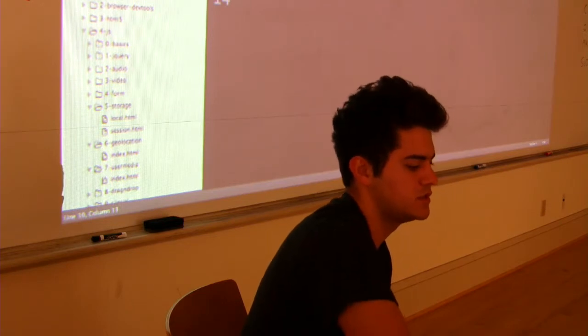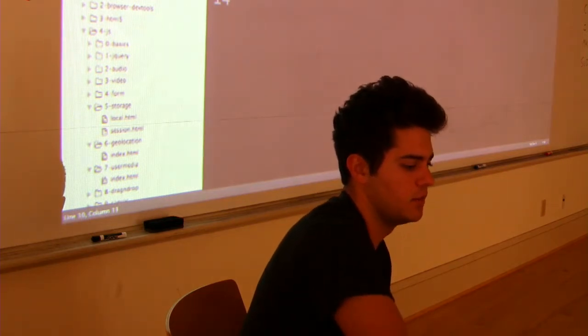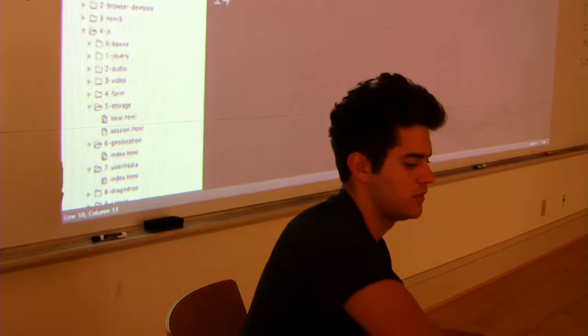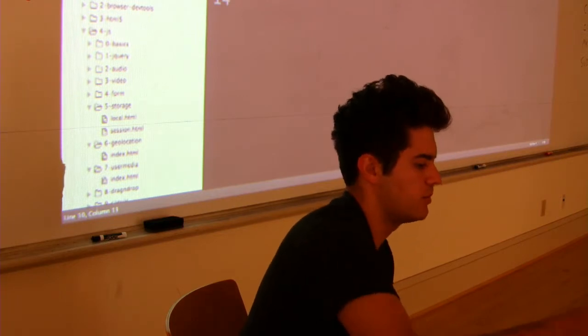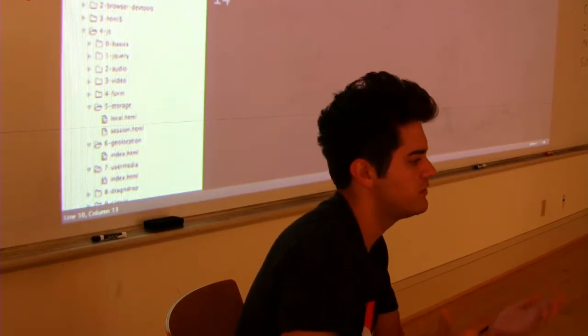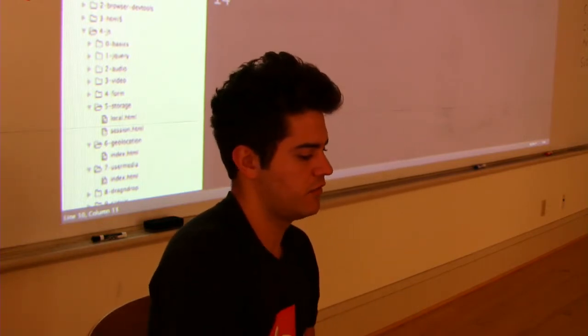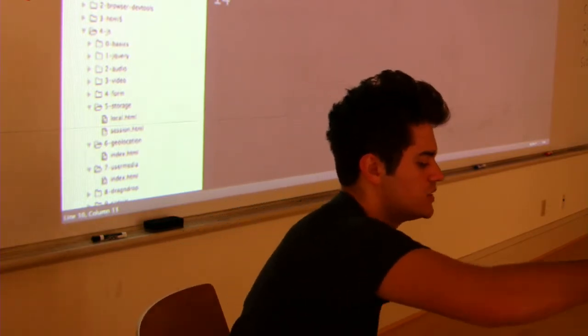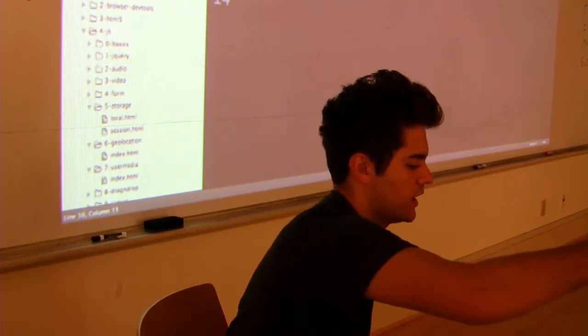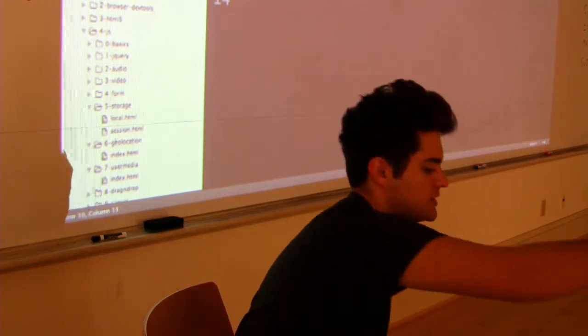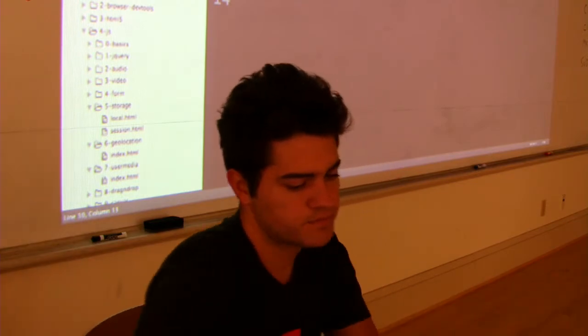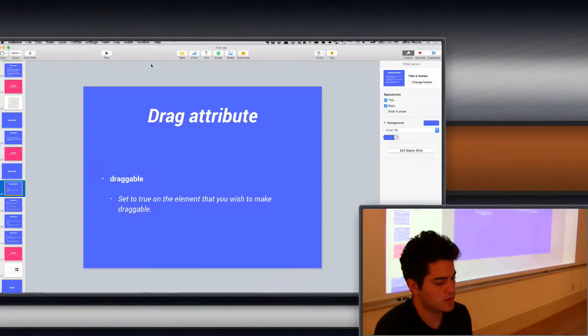So the drag started, dragging around, and I'm dropping it. You have all those events, and then you have the events of dragging on top of this area, or dragging outside of it. So let's explore those events.